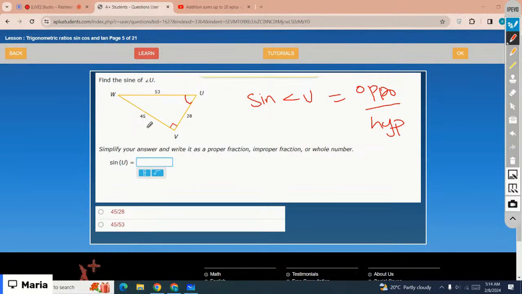So here is U, here is opposite, that is 45 and hypotenuse is 53. So that is 45 divided by 53. Option number 2 is the correct option. Got it?